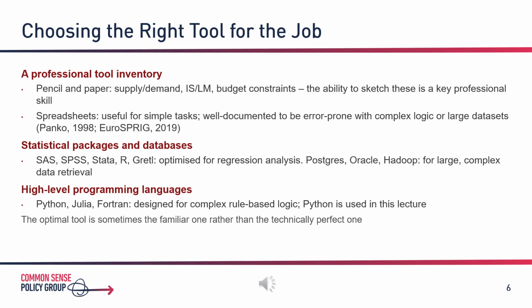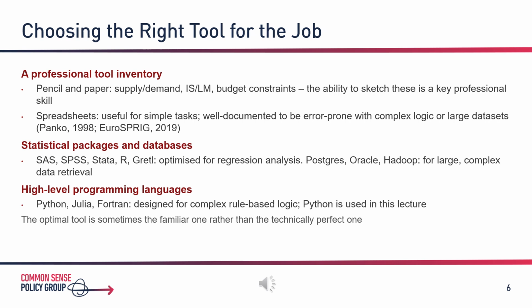High-level programming languages, Python in this lecture, are better suited to the rule-based iterative logic that tax benefit modeling requires. Python has become the dominant general-purpose language in data science and policy analysis over the past decade. Its readability, its extensive ecosystem of analytical libraries, and its widespread adoption in both academia and government make it an excellent choice.